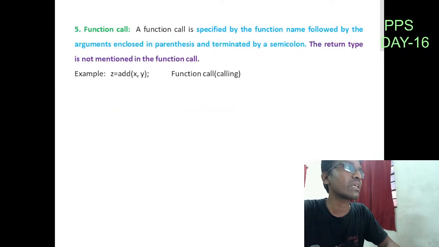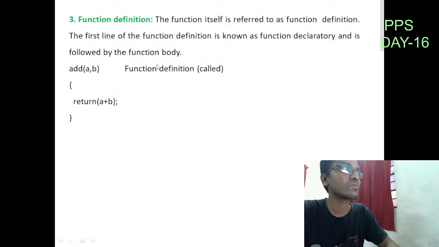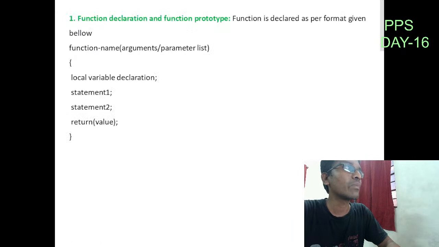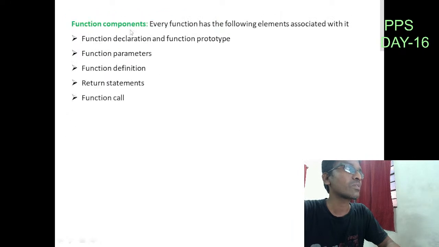So these are the different types of function prototypes. If you want to know about functions, you must know the different terminologies that are dealt with by the function components.